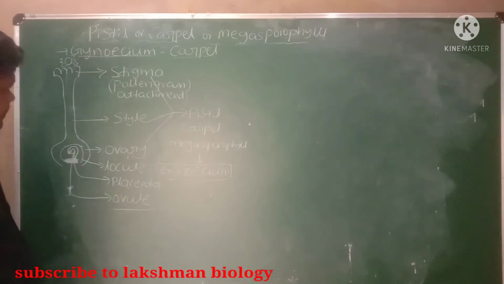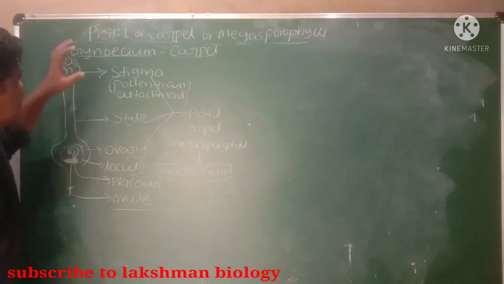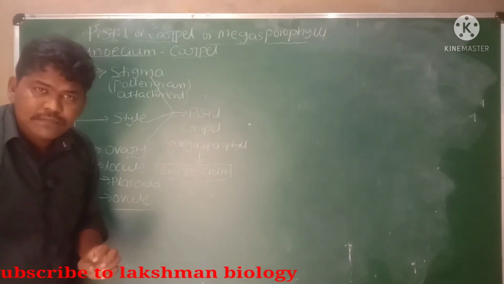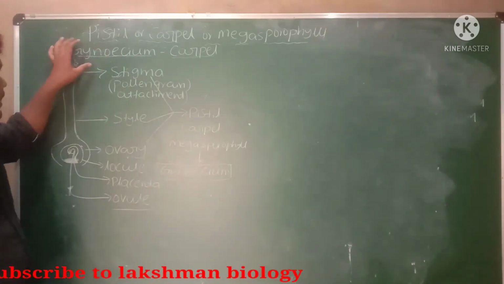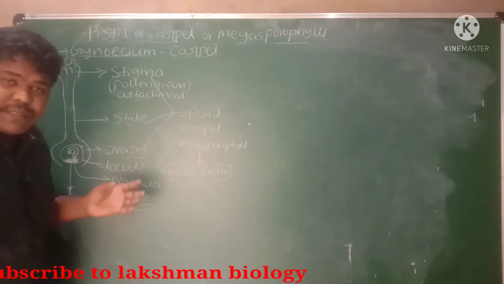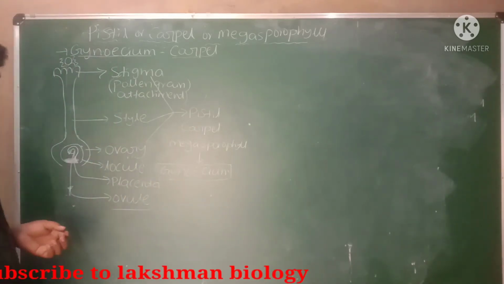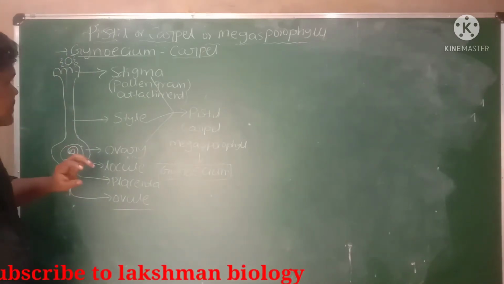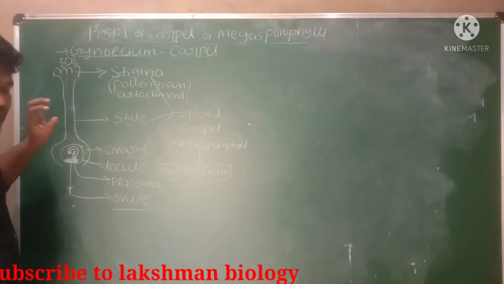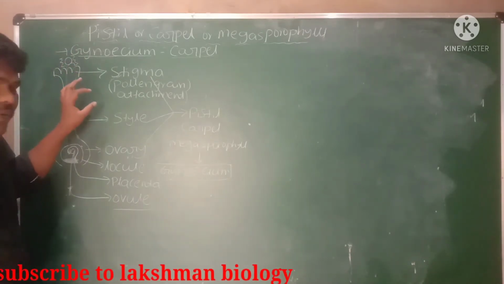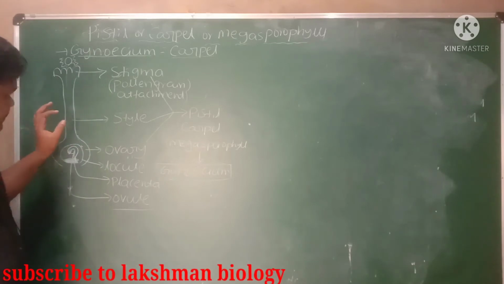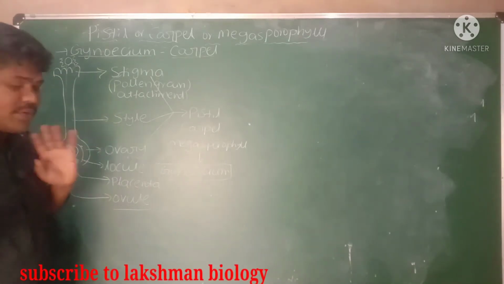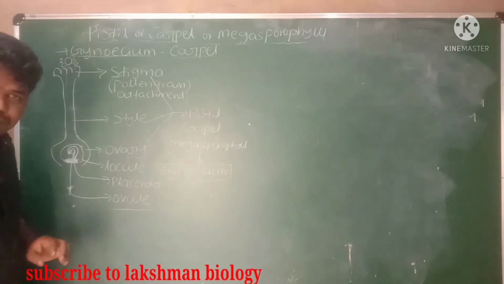Then see one by one once again. The pistil or carpel or megasporophyll are units of gynoecium. Gynoecium is the female reproductive part of the flower. Each carpel or pistil contains three parts: stigma, which acts as a landing platform for the pollen grain; then style, which helps for the growth of the pollen tube; then ovary.